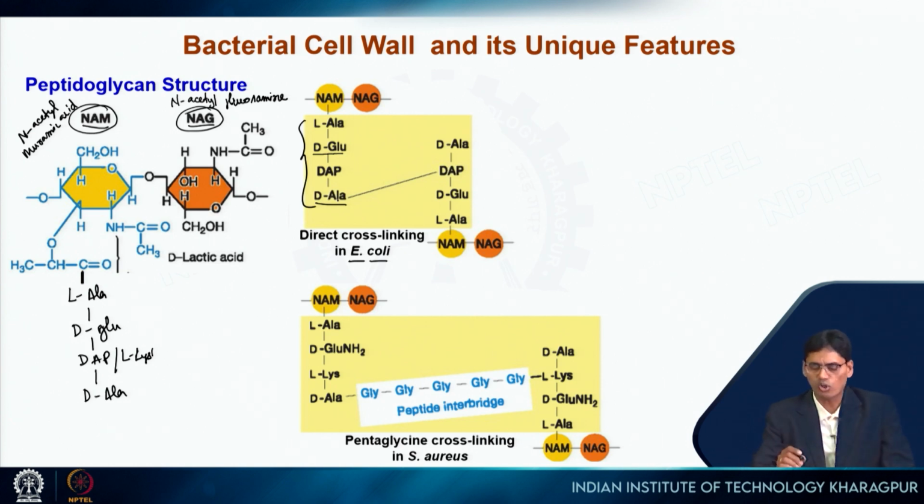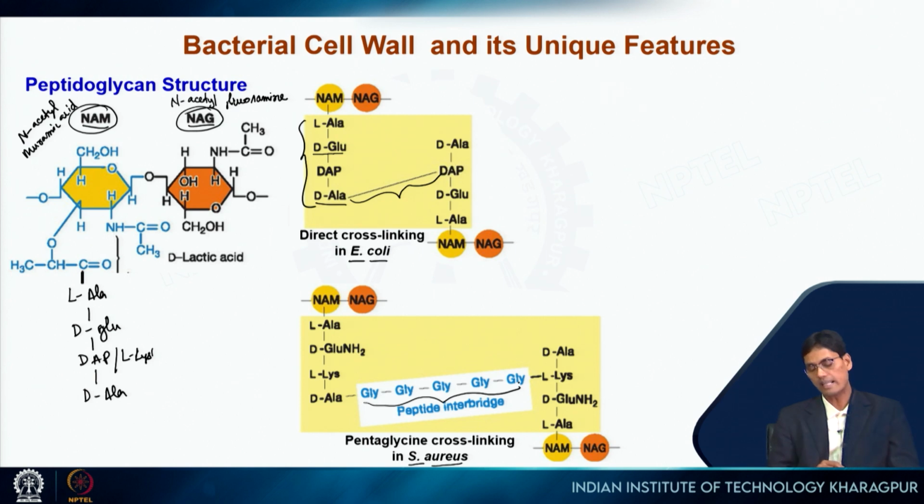Now the cross-linking between this short peptide and another short peptide is very important. As you can see, there is direct cross-linking in case of E. coli. But in some other bacteria like Staphylococcus aureus, pentaglycine, 5-glycine, actually helps in this cross-linking process.